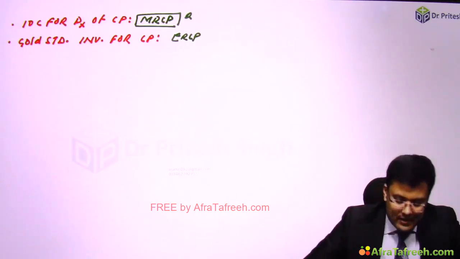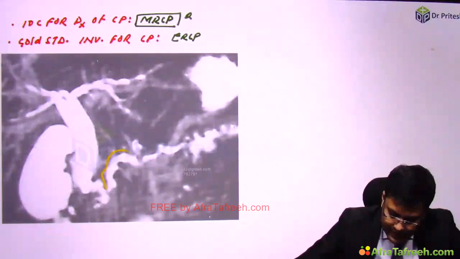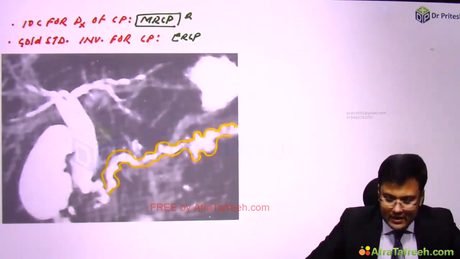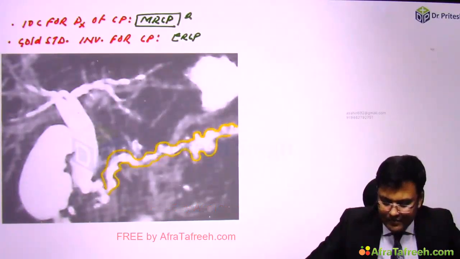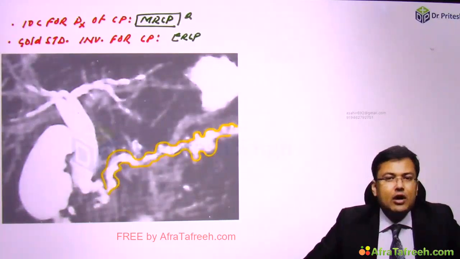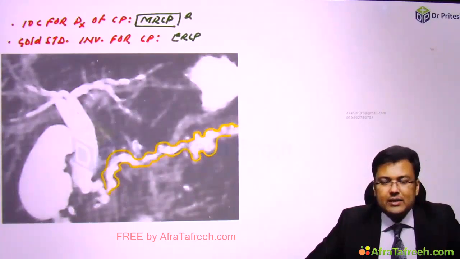Now see the finding. This is the finding in chronic pancreatitis on ERCP. So what's the name of this appearance? This is string of pearls or chain of lakes appearance on ERCP.